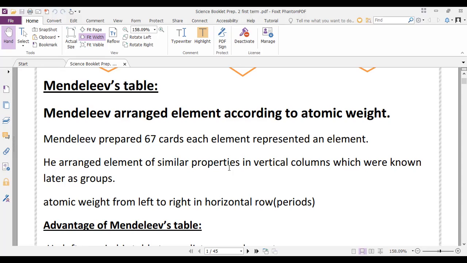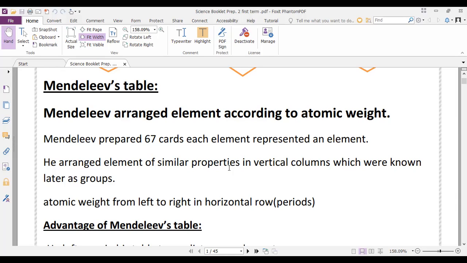Mendeleev prepared 67 cards, and each card represented an element. The total number of elements that Mendeleev found was 67 elements.